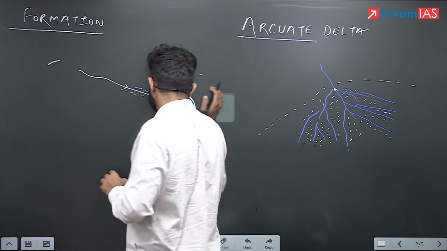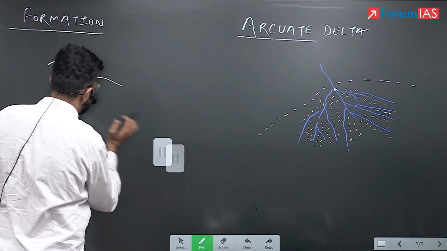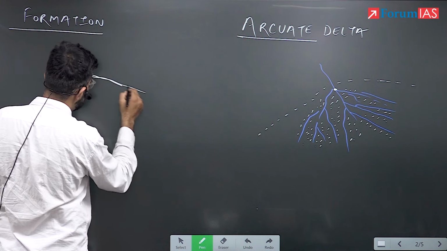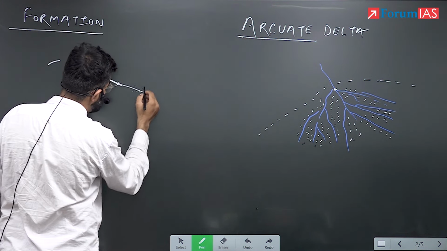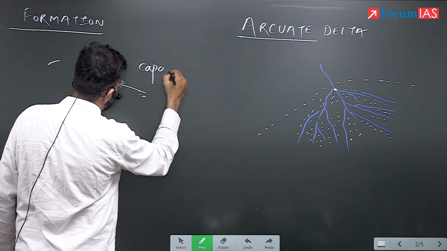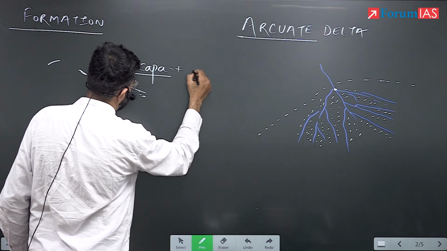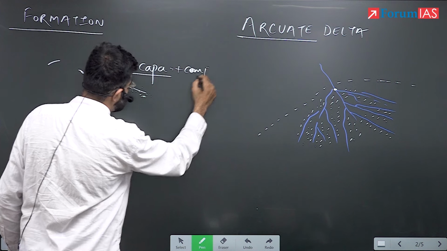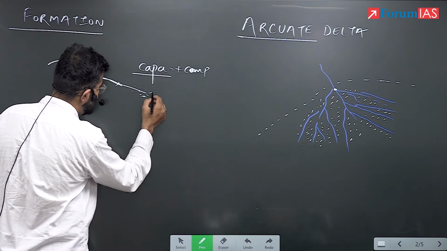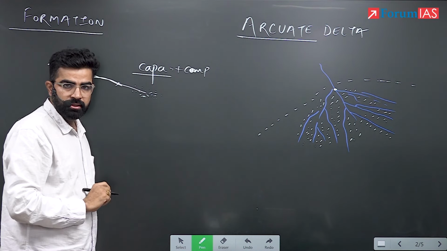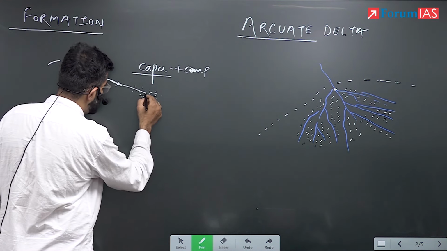Now see the process here and you will understand clearly. Let's assume this is the river. It is bringing so much sediment, and here its capacity and competence are both very low. Because of this, it is unable to wash away its sediments, and the sediments are getting deposited here. So the river has no other option but to change its path.